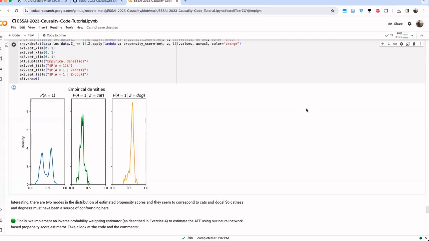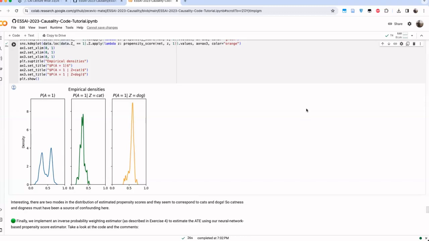So we have our model, which takes as input the image, and there's no notion of cat or dog itself in that, but now predicts the propensity. And this we could do because we have the images paired with the labels. It's a supervised learning setting. And now it seems that by looking at this plot, what our CNN has learned is that if the image depicts a dog, then it's going to get treated.